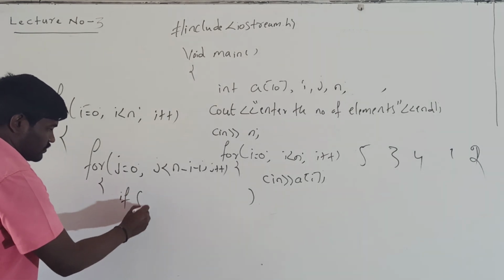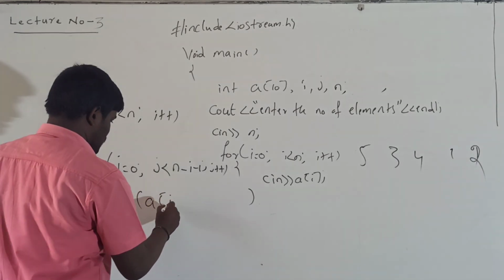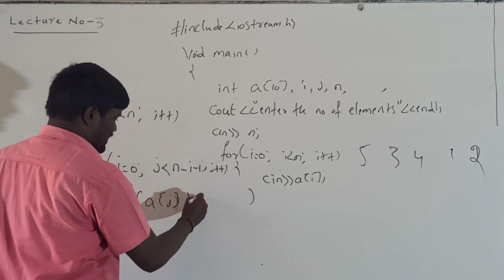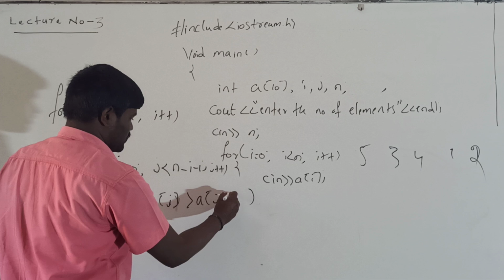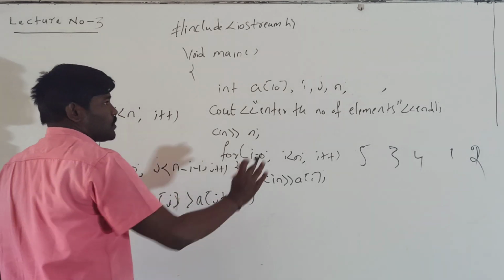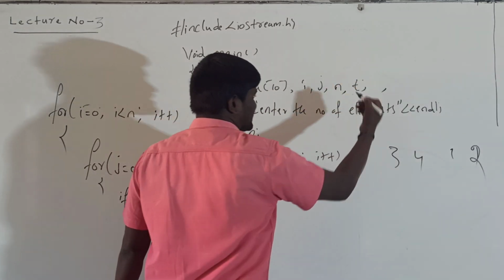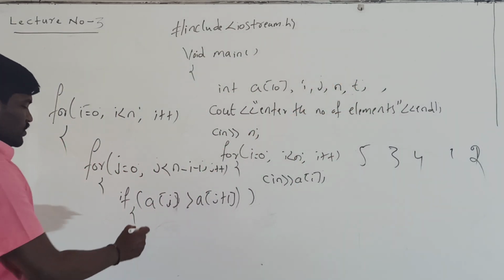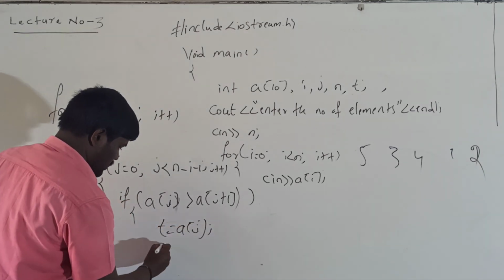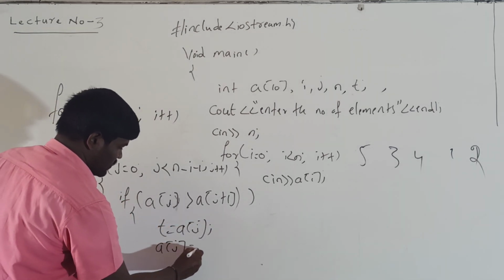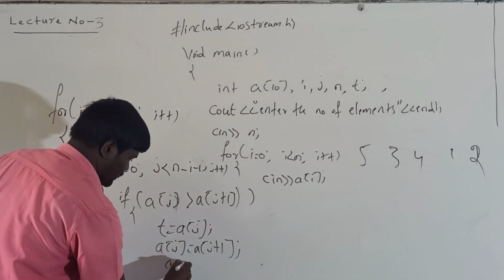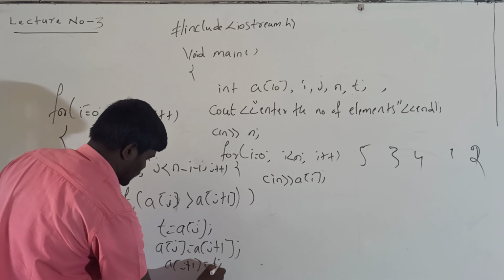If a of j is greater than a of j plus 1, one more variable is required, that is t, for temporary storage. T is equal to a of j, a of j is equal to a of j plus 1, a of j plus 1 is equal to t.